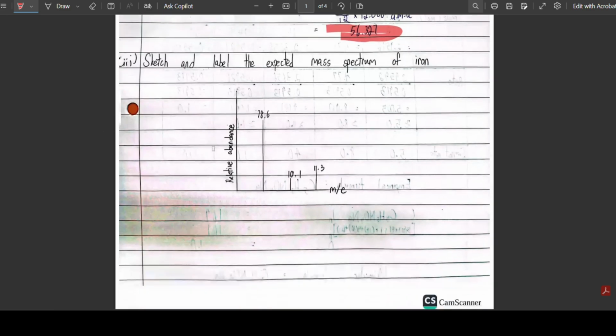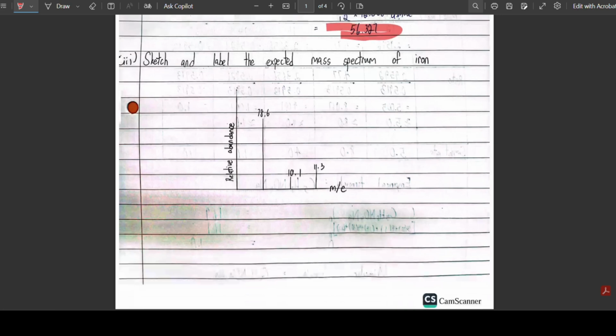For the next question, we need to sketch and label the expected mass spectrum of iron. After we sketch the lines, we need to label it, where the y-axis will be relative abundance, and the x-axis will be the mass over charge ratio.